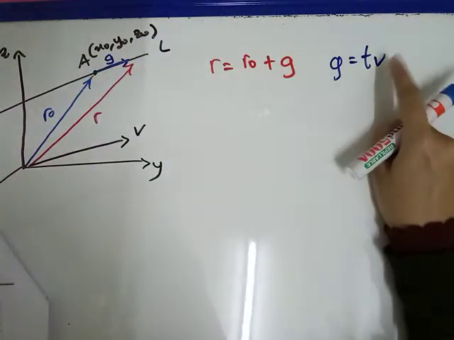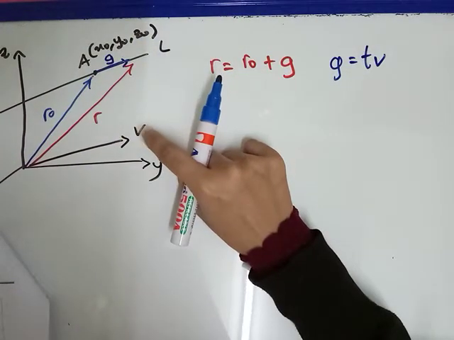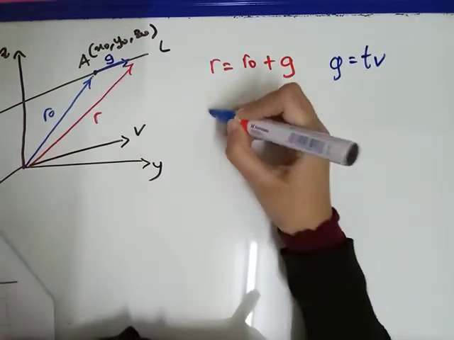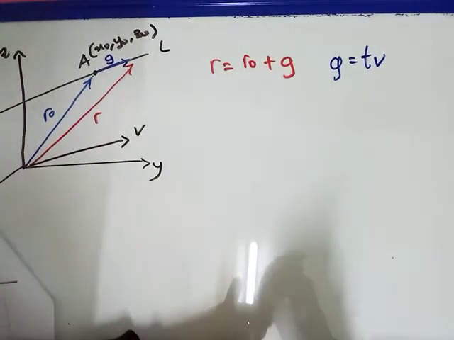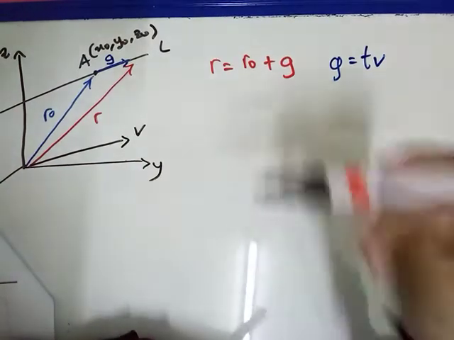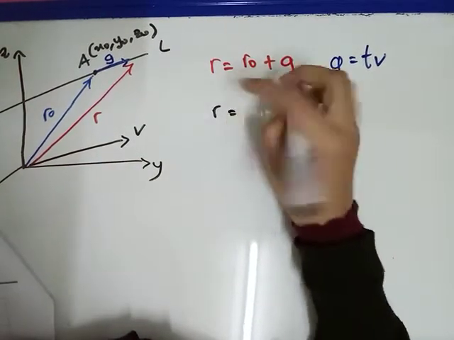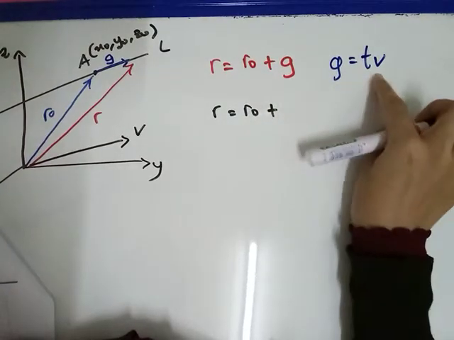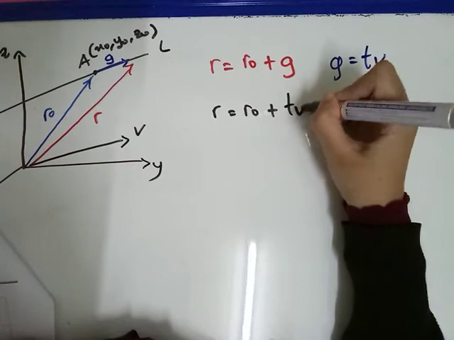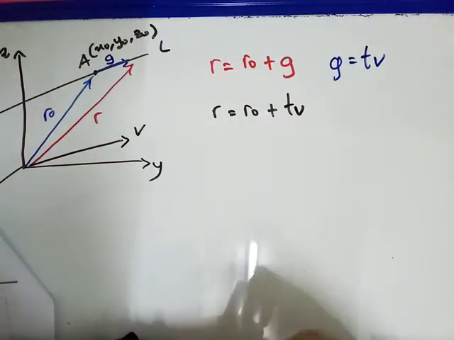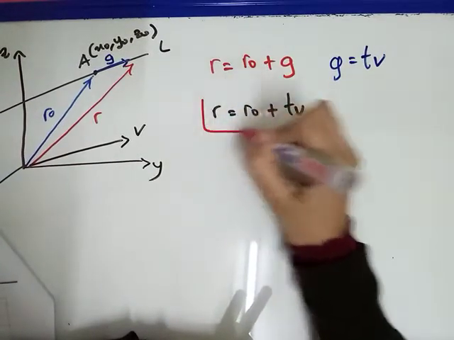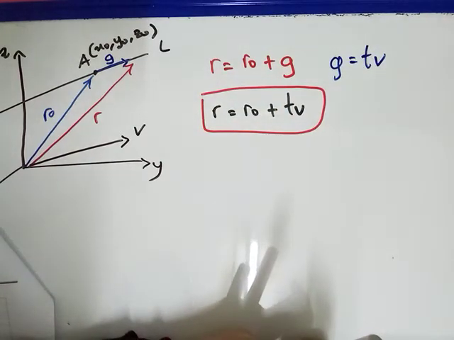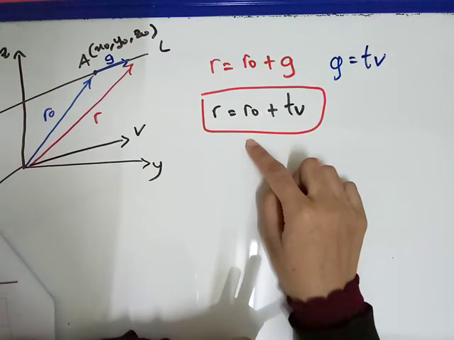Multiplied by V, that means parallel with the vector V. Therefore R is equal to R naught plus TV. So this is the equation of the vector.